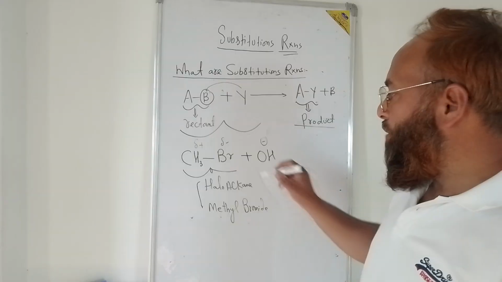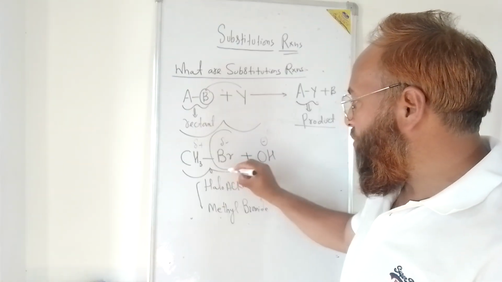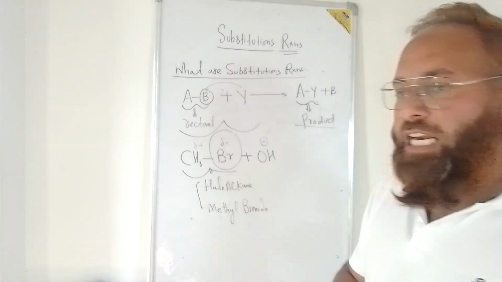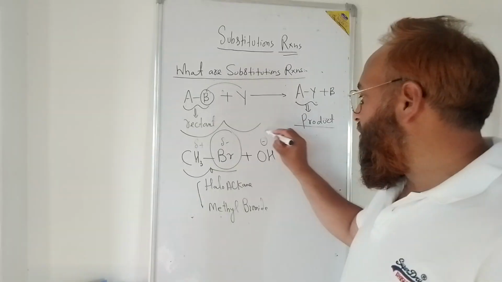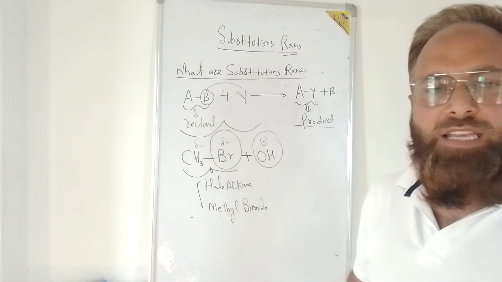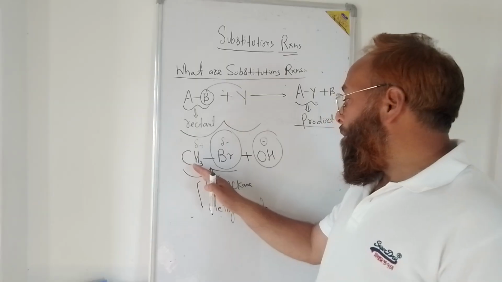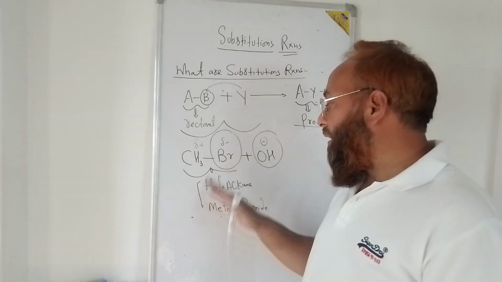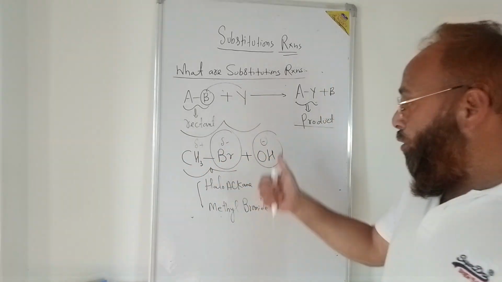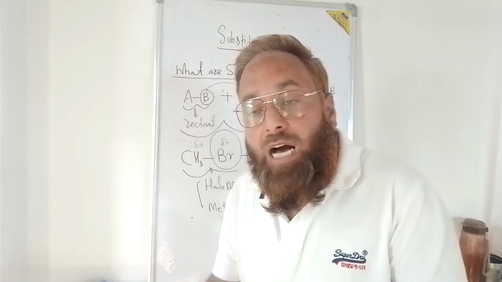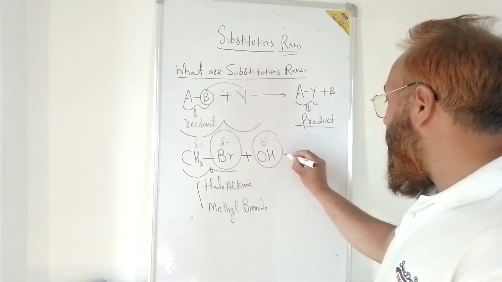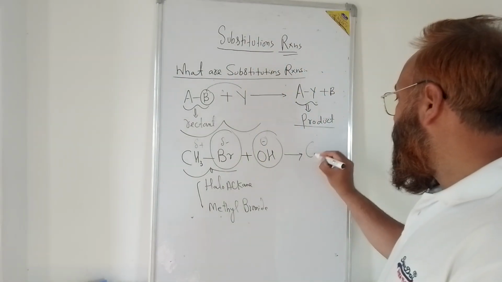Here Br shows a negative charge, and that Br gets replaced by OH. Now we have a product here. Easily you will get this point. Now CH3Br combines with OH, and OH comes in place of Br. Now the product is formed. What type of product?